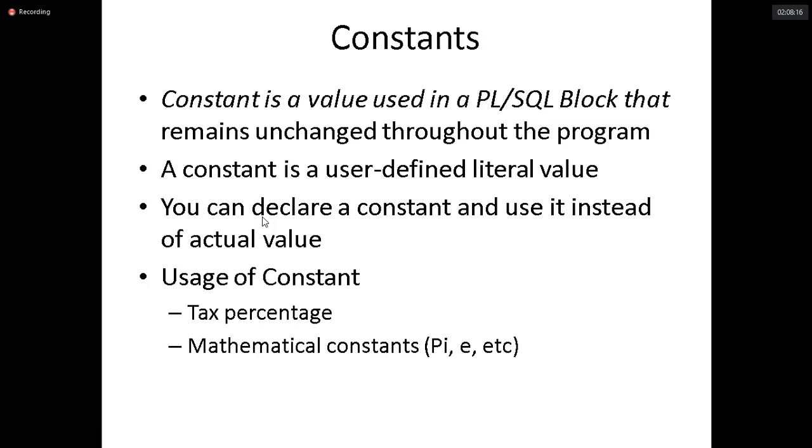Apart from the variables, we have something called a constant, which is again a common thing in other programming languages as well. We define some constant value if you want to make sure that value does not get changed by any means throughout the program.